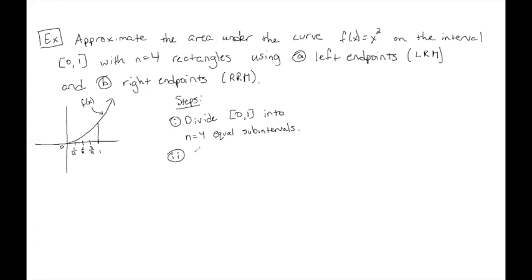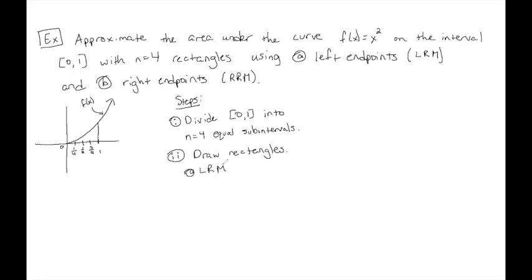Step 2, draw your rectangles. All right, so I'm defining these by left endpoints for part A. So let's just do the LRM first, and then we'll come back and we'll deal with part B separately.